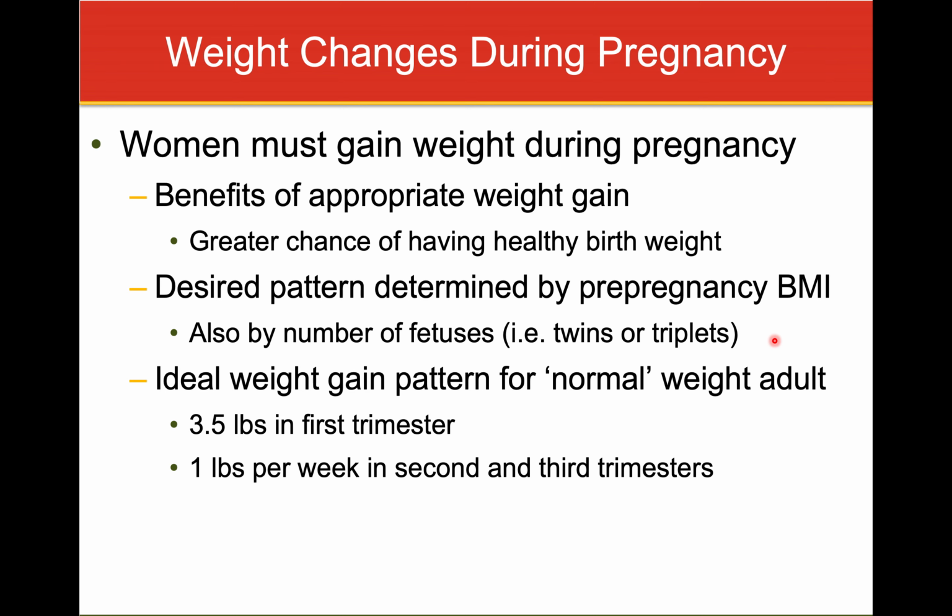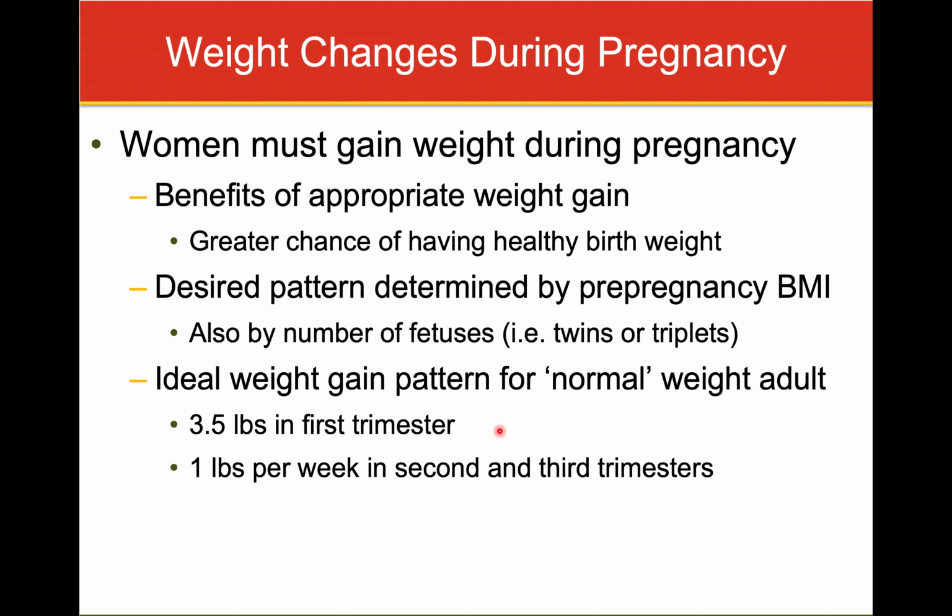So if you're going to have twins or triplets, obviously you're going to need to gain more weight. And we'll see how the BMI shakes out, but basically, depending on where you are on our BMI stratification that we've learned, is going to determine what an appropriate weight gain is going to look like for you.